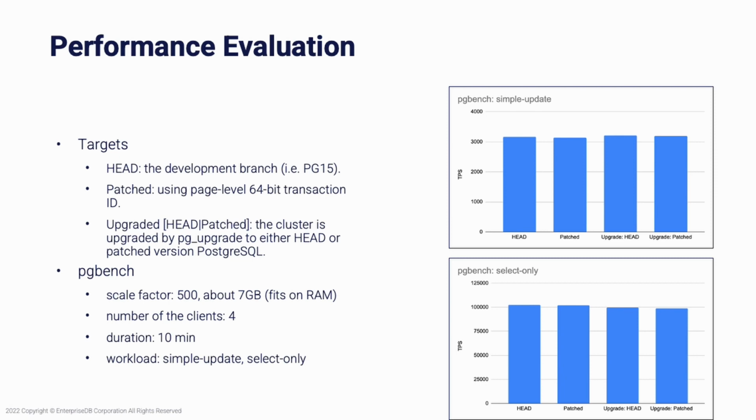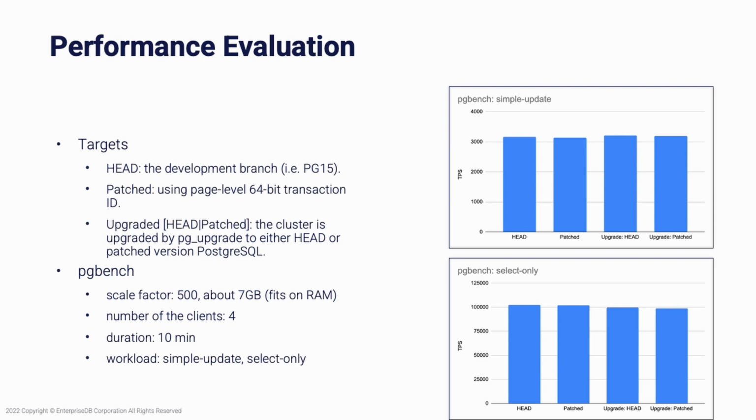And the right graph shows the result. In the simple upgrade benchmark, there were small differences between the patch and the head, but I think that is within the error range. So I don't see noticeable performance degradation between head and patch, even in the upgrade cases.